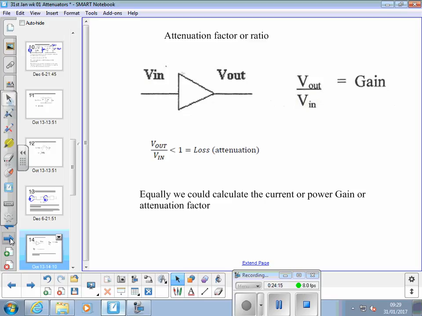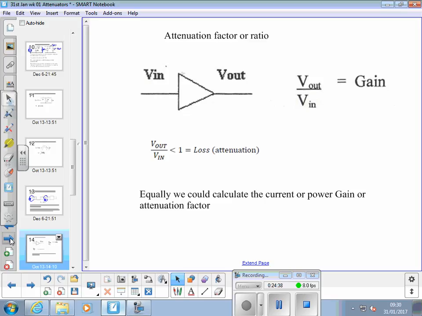There's what we call the attenuation factor or ratio, sometimes also called, in the terms of amplifiers, the gain. Okay? So the gain is the voltage out divided by the voltage in.